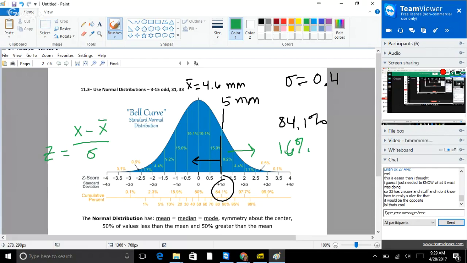So for what we were just talking about, we wanted to know what is the probability that it's greater than 5 millimeters minus the average, 4.6, over the standard deviation. So guess what? If I did the z-score for that, it's 1. We just added 4.6 plus 0.4 and got 5 millimeters and figured out that that's a z-score or standard deviation of 1.